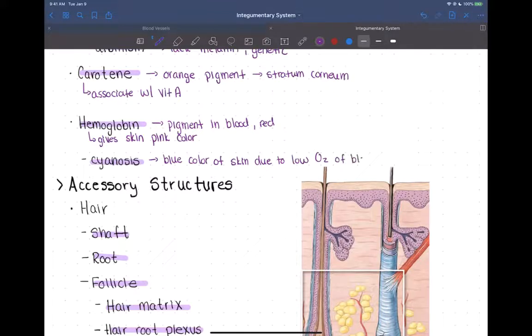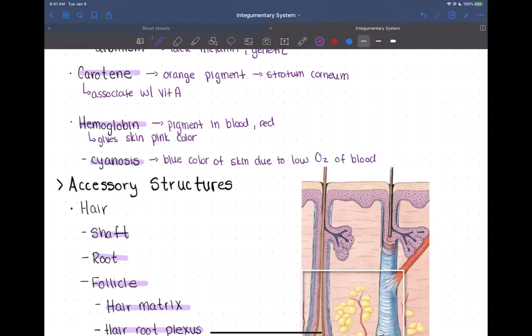Okay. That's also something really important to keep in mind when you're working in the medical field, especially looking in areas where the skin is very thin, in the lips and in the fingernails, where you can more easily see blood flow, to kind of monitor oxygenation of the blood.